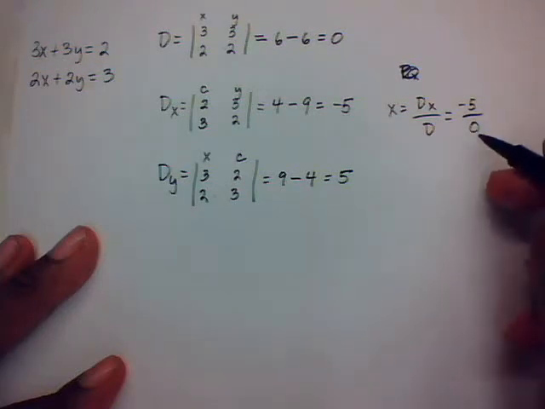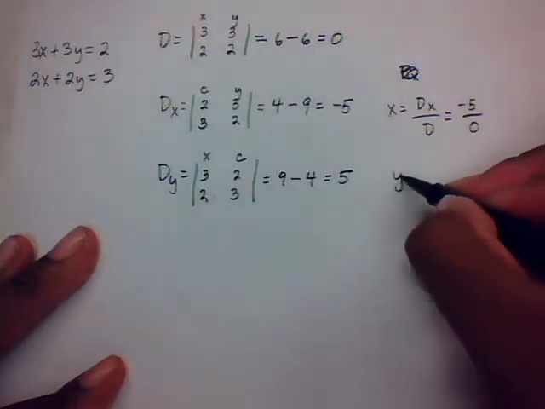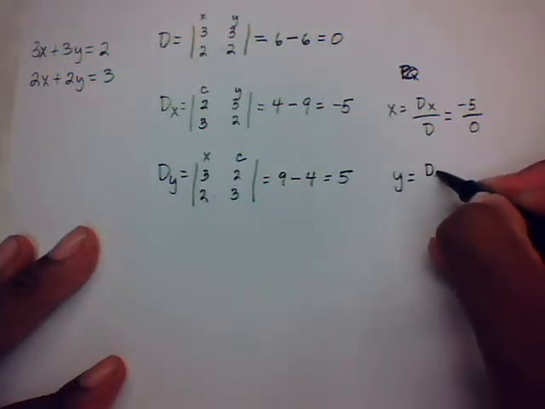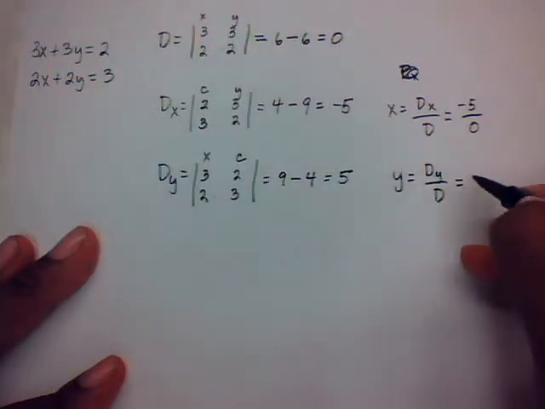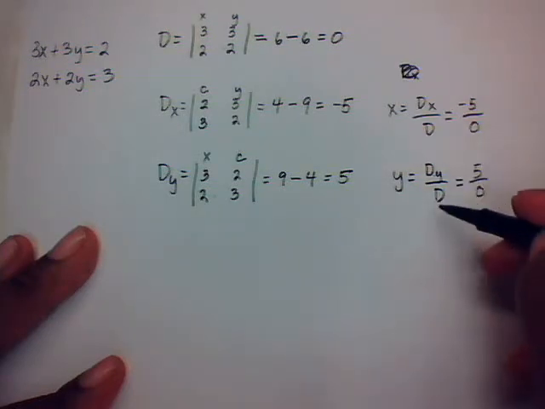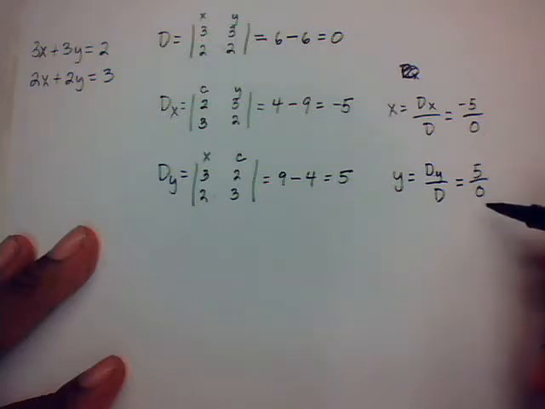Here we're going to have a 0 in the denominator, and division by 0 is undefined. And the same holds true for y, D sub y divided by D, which is 5 over 0. Because D is 0 in the denominator, division by 0 is undefined.